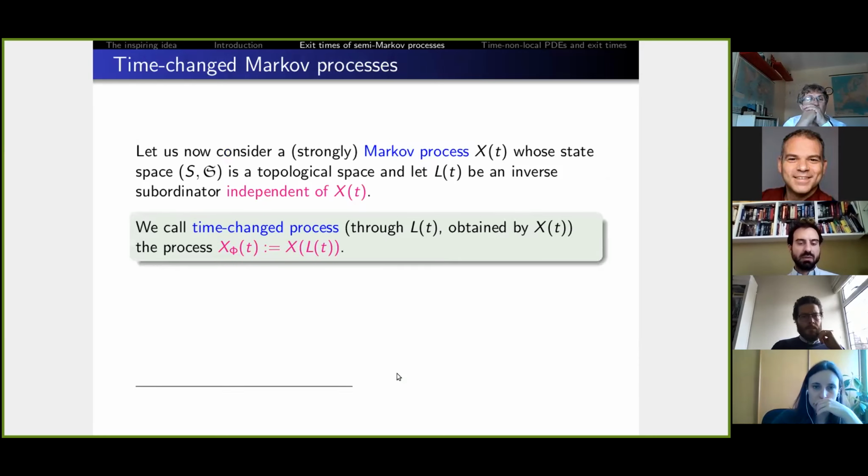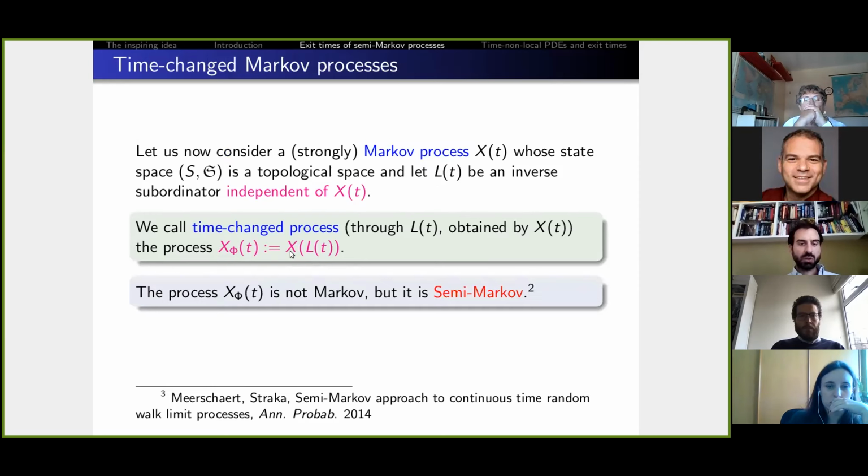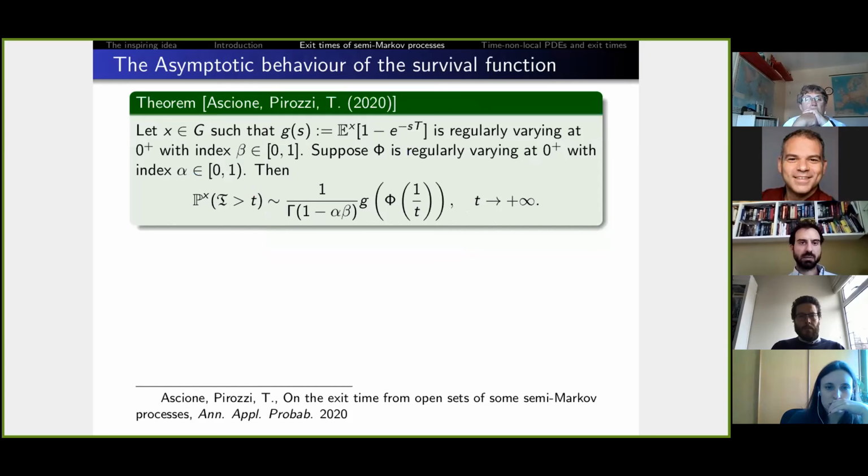So if you take a Markov process, like the one we used in the leaky integrate-and-fire model, and then we time change with this capital L, supposing independence of the two processes, what we get is that this time-changed process, which is the solution when we choose X to be capital V, often in the Ornstein-Uhlenbeck case, to the SDEs introduced above, is a semi-Markov process, exactly as above.